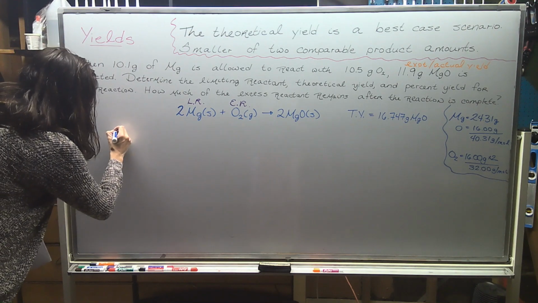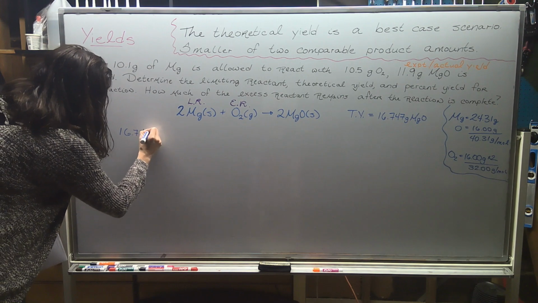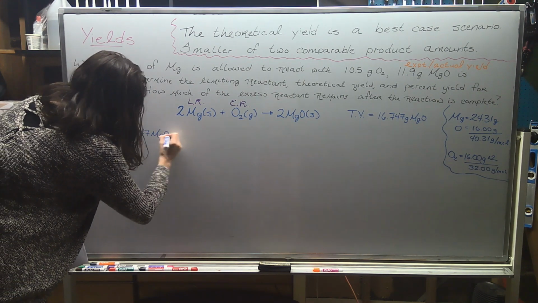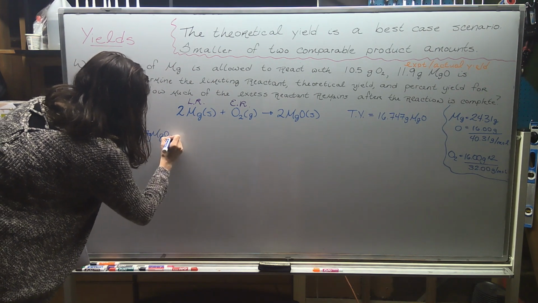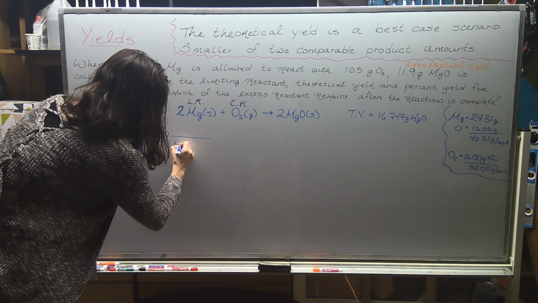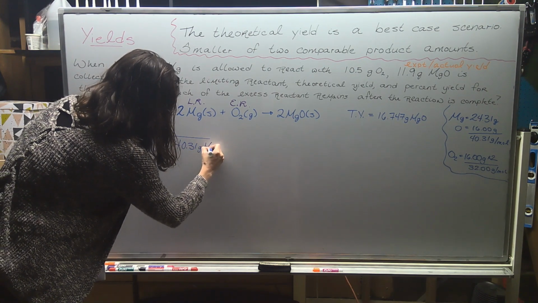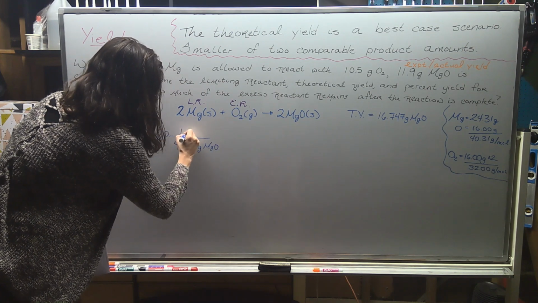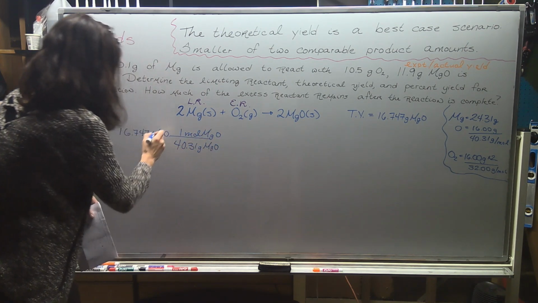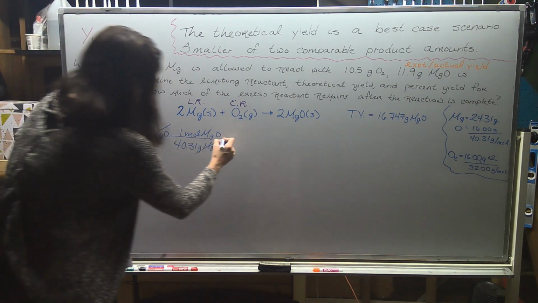So I need to get the magnesium oxide back into moles. So I'm going to grab that 40.31 grams. And I'm using 1 mole of magnesium oxide. So grams of magnesium oxide cancels with grams of magnesium oxide.